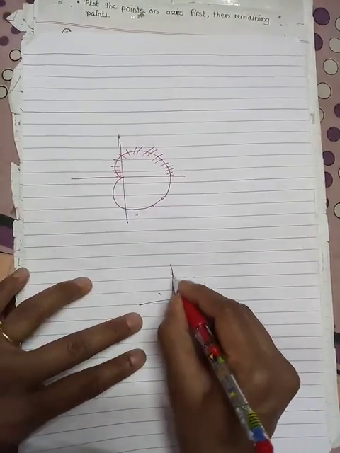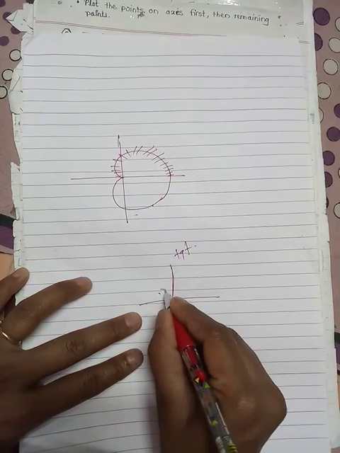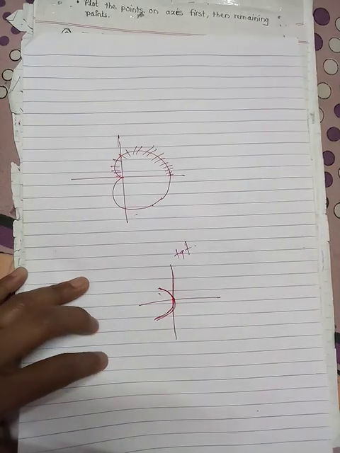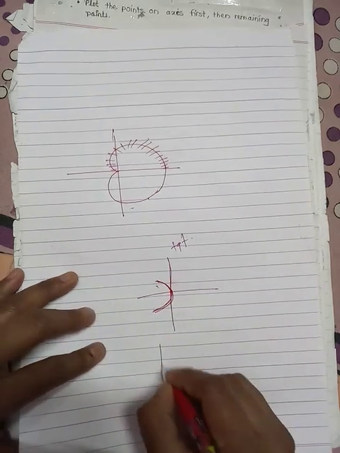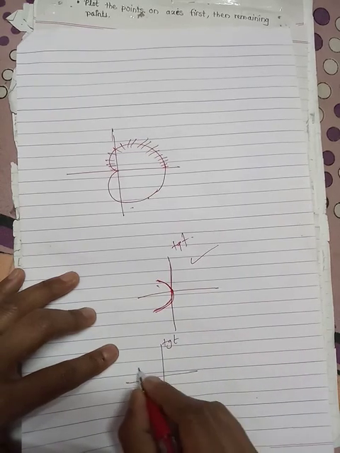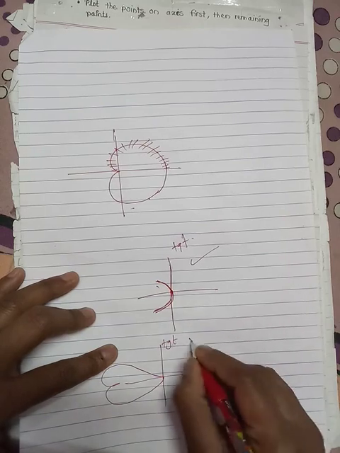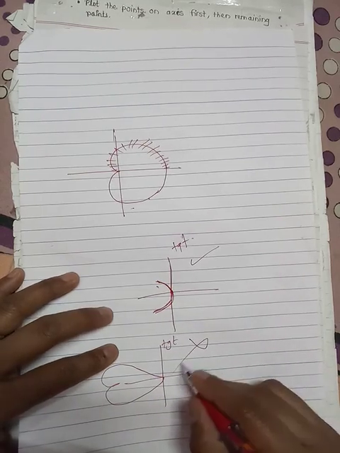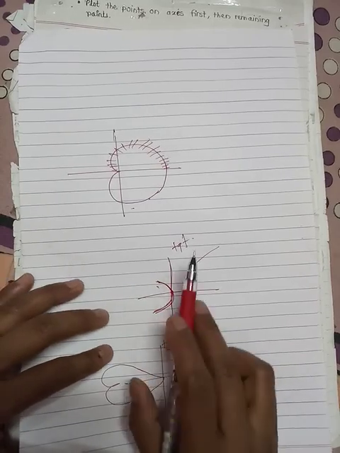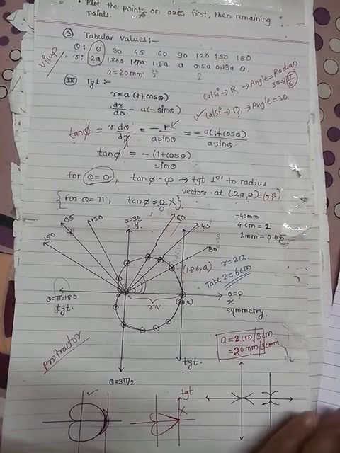If this is your tangent at this point, then the curve should be smooth in its curvature, in the bending form. That is the correct nature. If this is a tangent and you draw like this, totally this is the wrong curve and you will get 0 marks. So the nature should be shown in the graph by you.